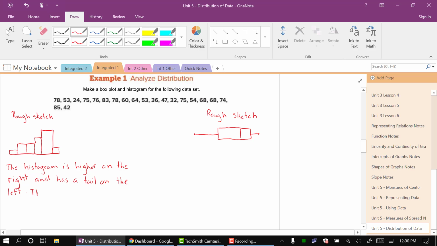Therefore, the distribution is negatively skewed.